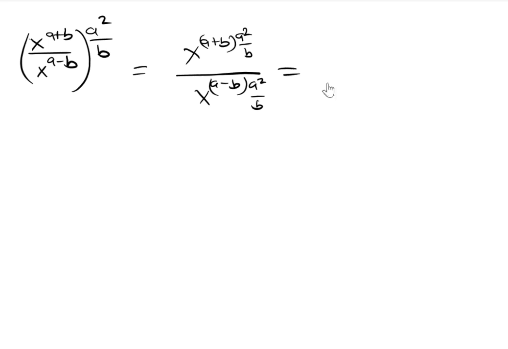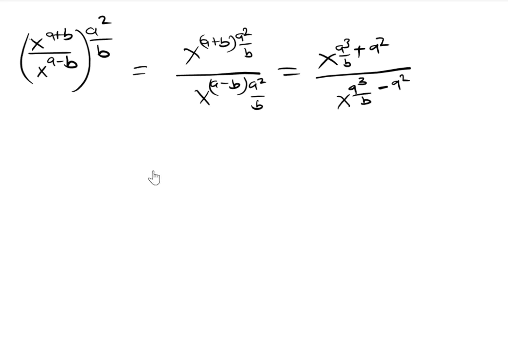And to open this bracket, I'll be having x to the power a cubed divided by b plus a squared, divided by x to the power a cubed divided by b minus a squared. The b will cancel b.